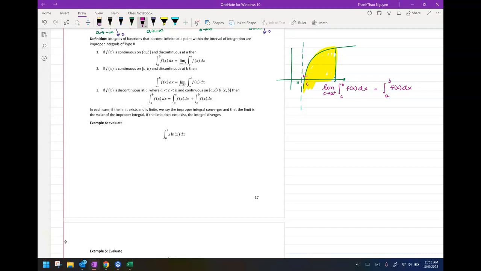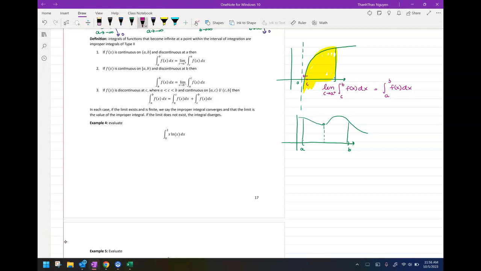Now number 3, if you have a discontinuity in the middle of the graph, we have a discontinuity right in the middle. So say you have a vertical asymptote, or maybe you just have a hole in your graph, in the interval from a to b, and this is what I want to calculate, and I know this point here is discontinuous.